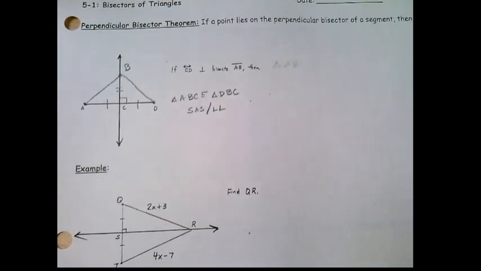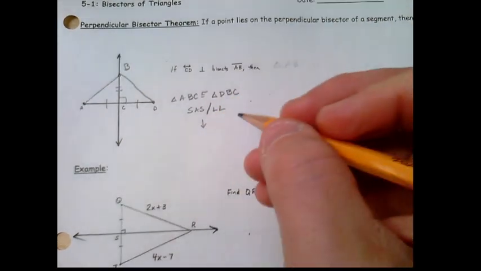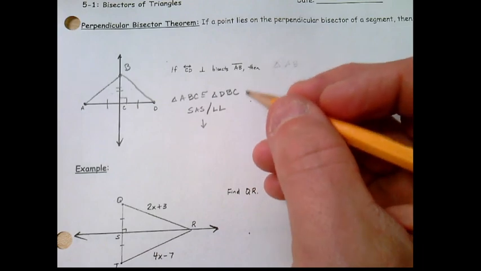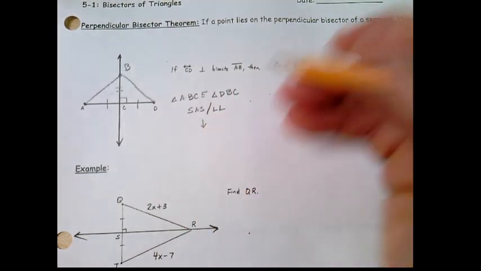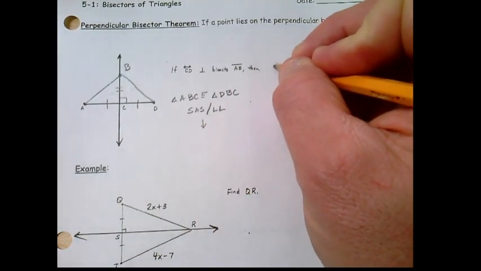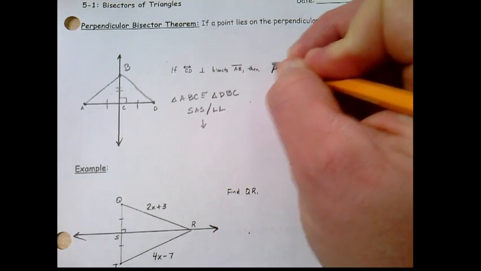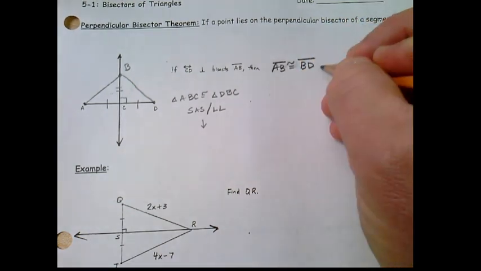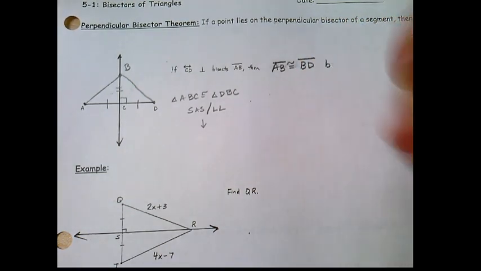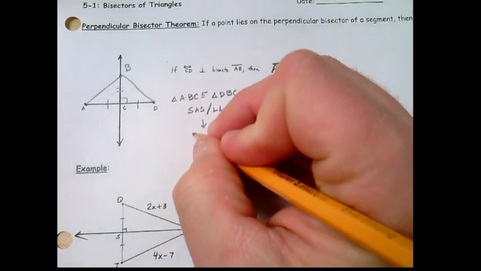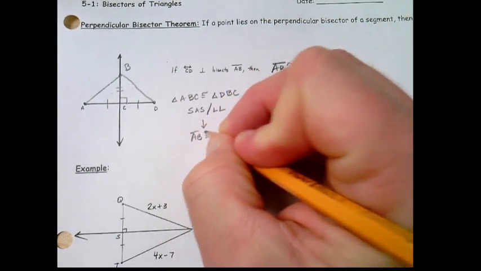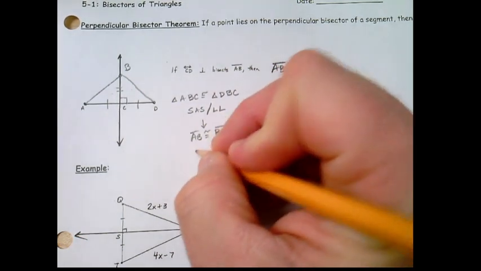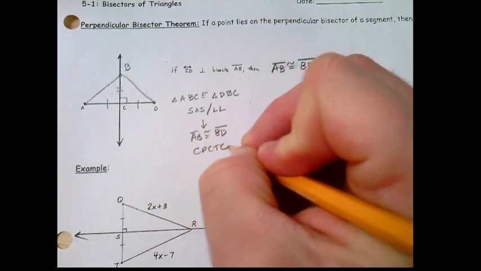Okay, just something to think about there. Now, if that's the case, then what would be true? Well, we would then know that AB is going to be congruent to BD by CPCTC.